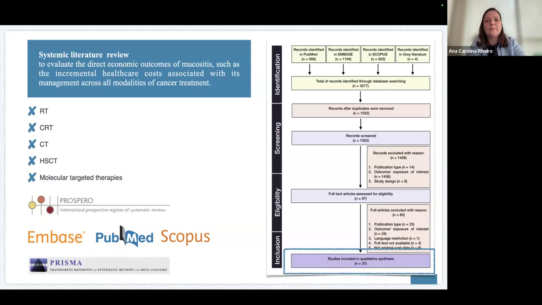These studies evaluated patients receiving radiotherapy, chemoradiotherapy, chemotherapy, hematopoietic stem cell transplantation, and targeted therapies.